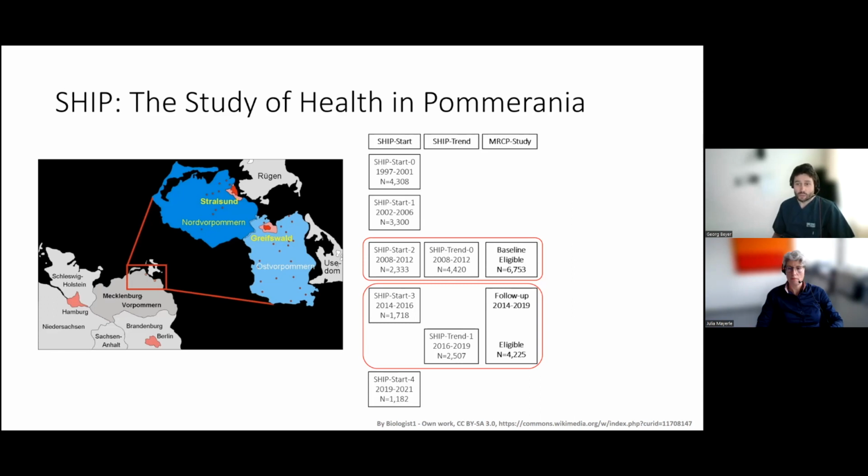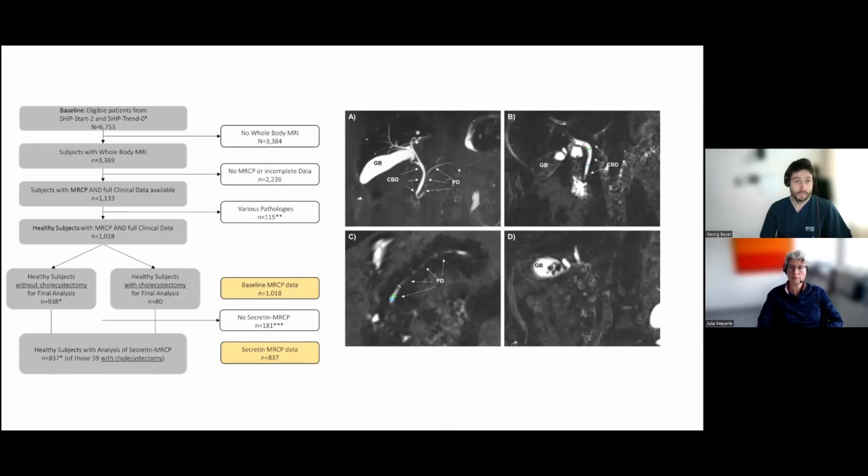A total of 6,753 subjects were eligible for screening for participation. Of those 6,753 subjects, roughly half were undergoing whole body MRI. And of those, about 1/3 had also an MRCP.